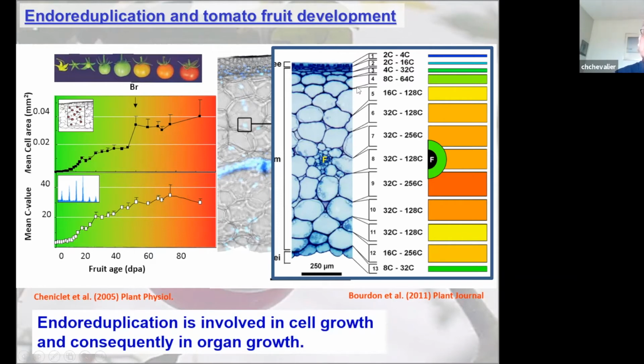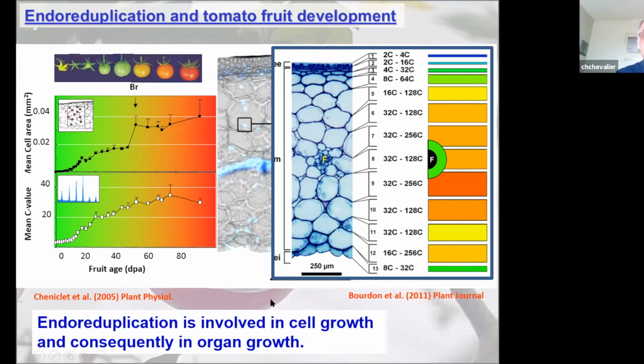And we have been able to assign to each size of cells a DNA amount. Of course, it's a range of DNA amounts, 2C to 4C for the smallest ones, and for the biggest ones here in the central part of the pericarp, we have the largest amount of DNA content, 128C or 256C.